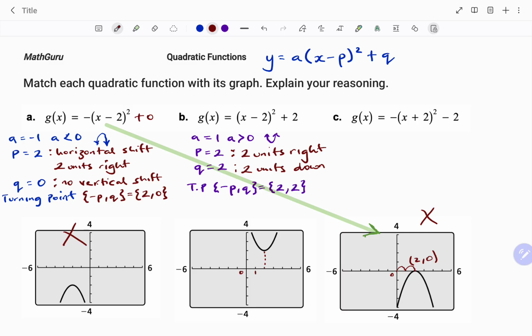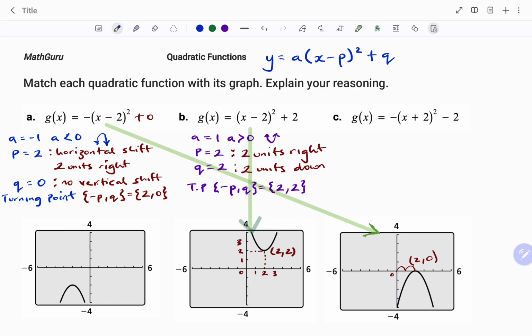This is 1, 2, 3. I'm trying to label my axis. Likewise, for my y-axis, I have 1, 2, 3. You can see that my turning point here is at point 2, 2, which is what I have in my interpretation. So what that means is the second function is the middle graph.